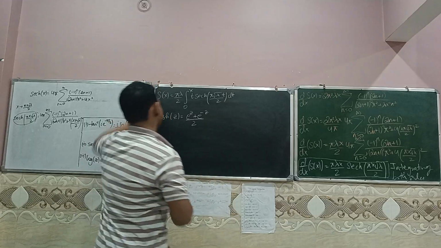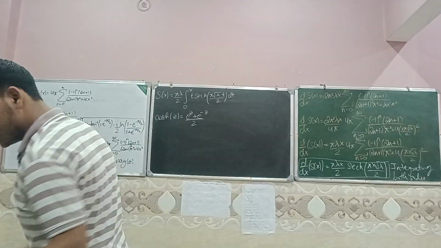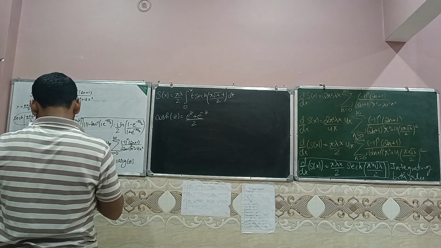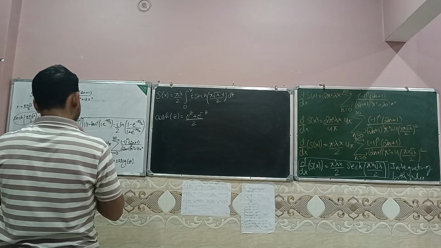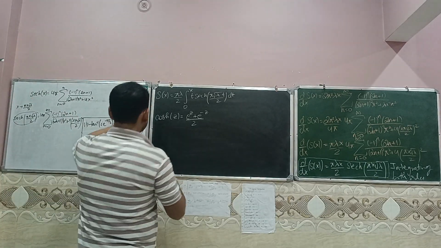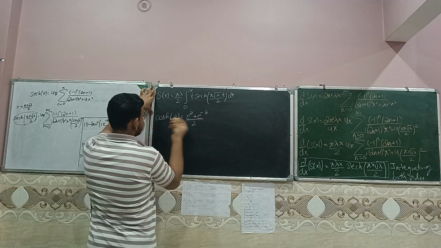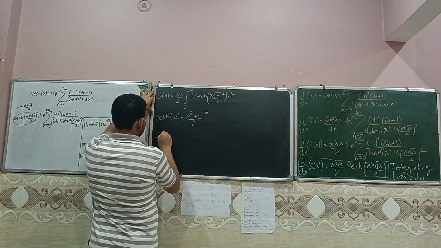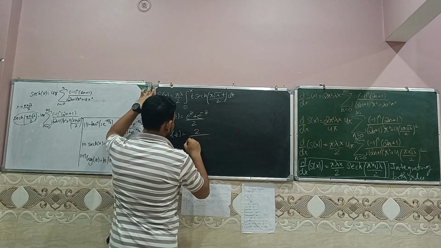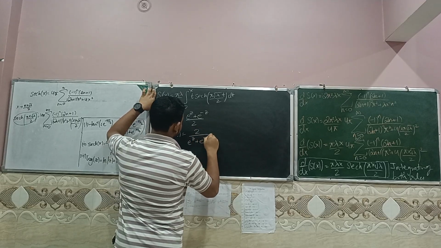Let me check, even I'm not sure about that. But yes, if we take the reciprocals, this becomes hyperbolic secant of z, and this becomes 2 over e to the z plus e to the negative z.